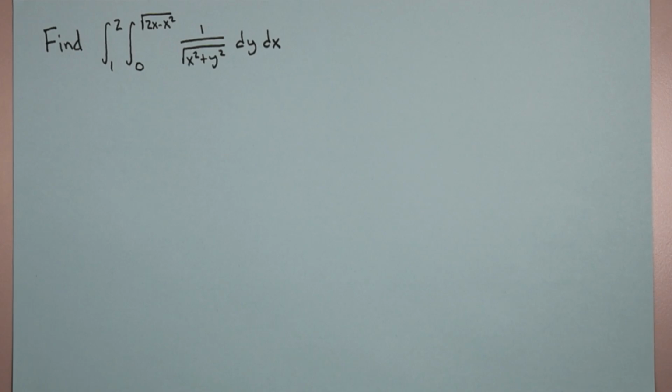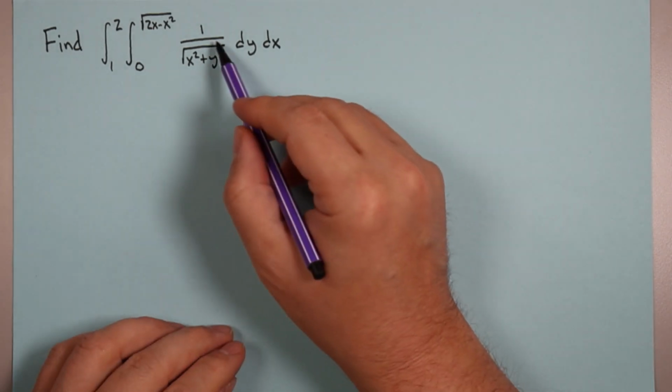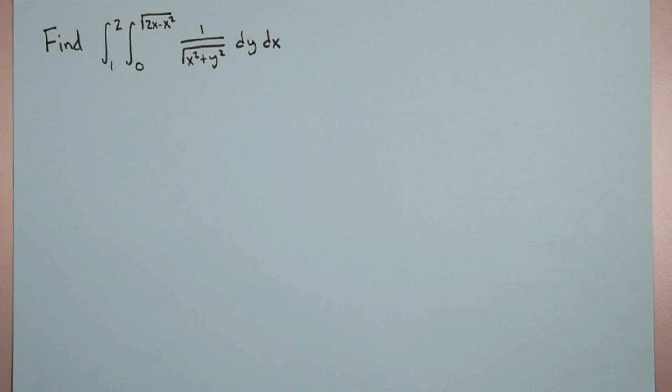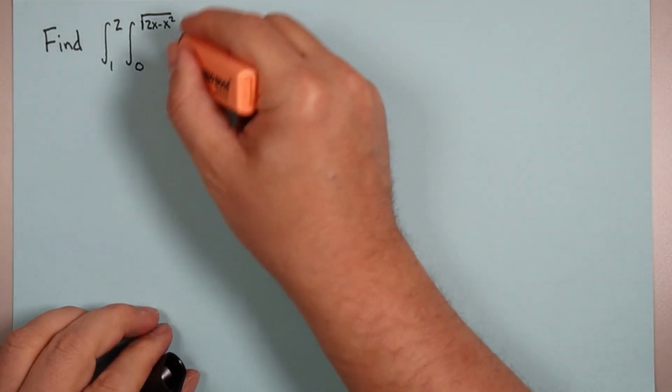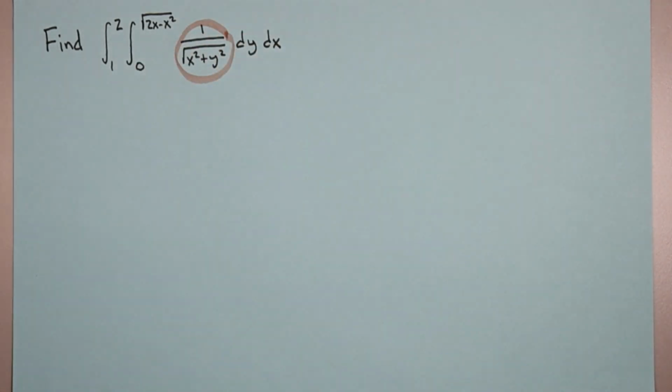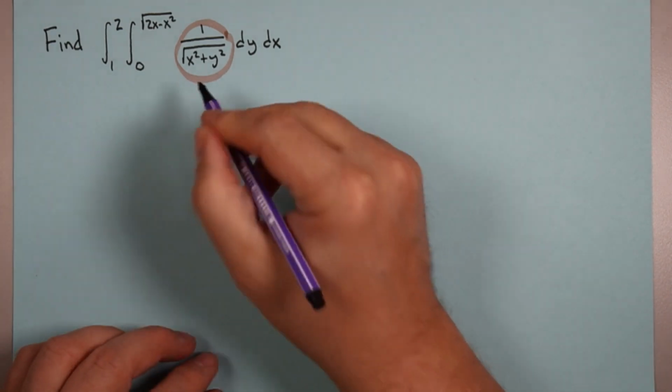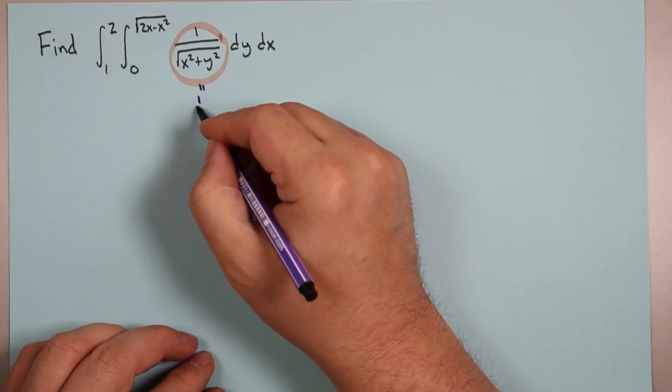It's a polar kind of day. Is there any clue that polar might be helpful? Notice this 1 over square root of x squared plus y squared. In polar, x squared plus y squared becomes r squared, so this would become 1 over r.